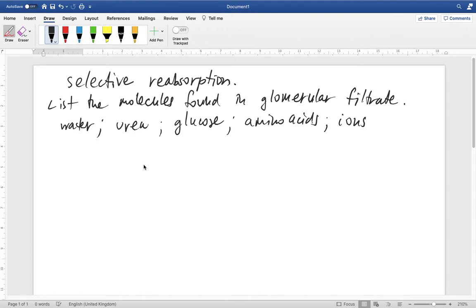So now let's start looking at what's happening in the second stage, which is selective reabsorption. Well, in order to understand that, we need to have a go at drawing a nephron.